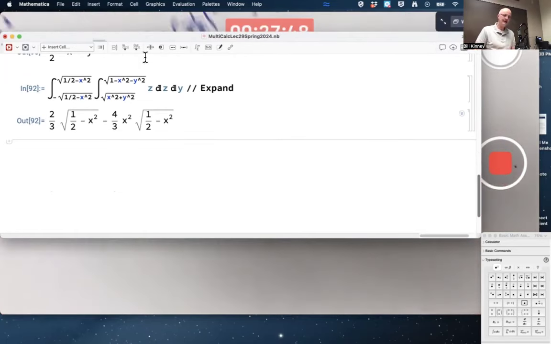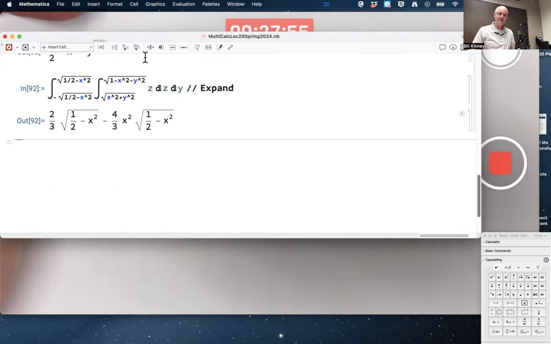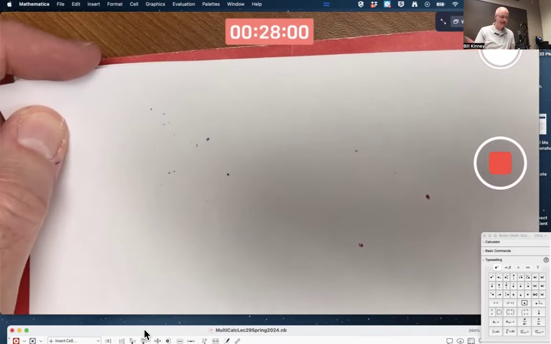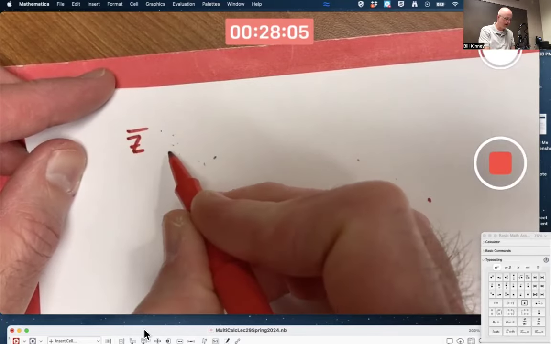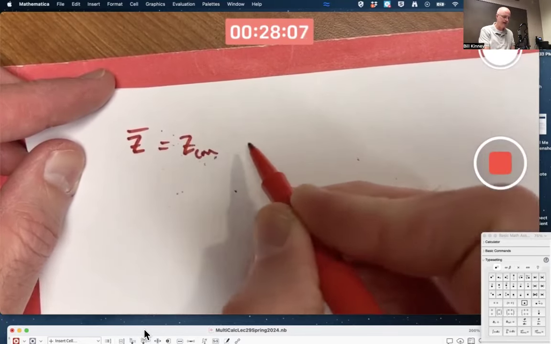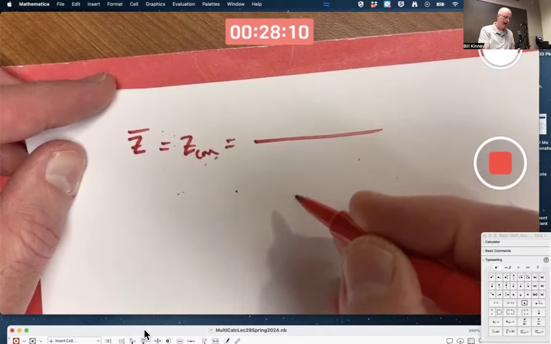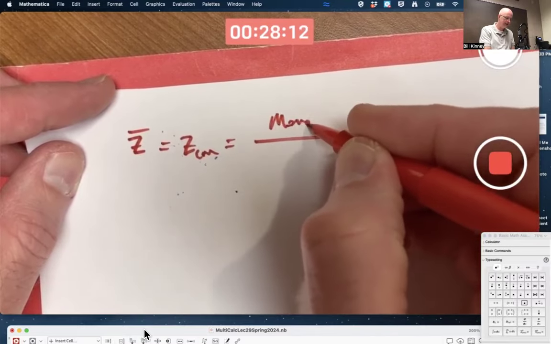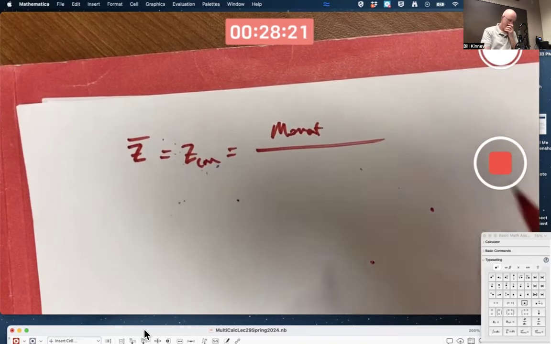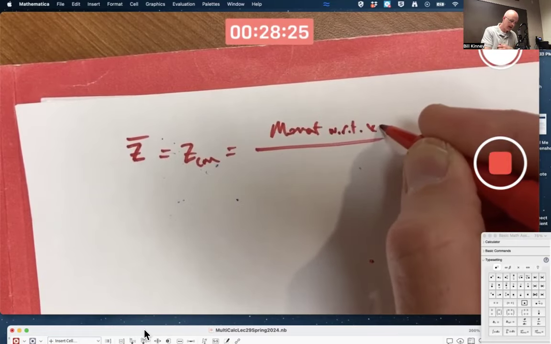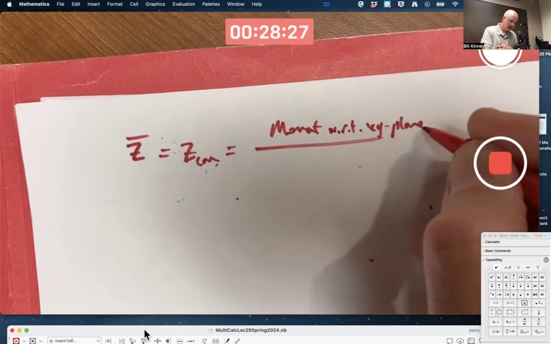If we're after the center of mass in the z direction, so this is review now, sometimes called z bar, sometimes called z sub cm, it's going to be the ratio of the moment with respect to the xy plane divided by the mass.